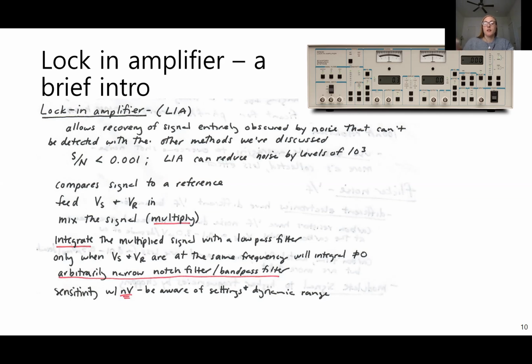But you have that built-in reference, and you extract it from the back of the lock-in amplifier, with a coax cable coming from the back and connecting to the front. If you need something more unique than what is built into this lock-in amplifier, you can also provide something from a function generator.